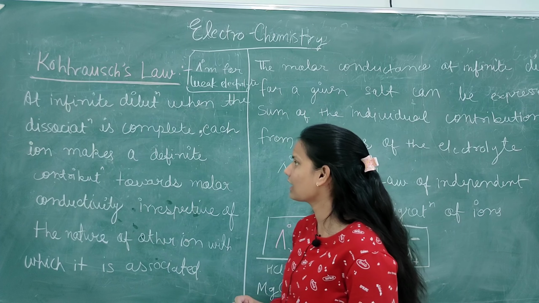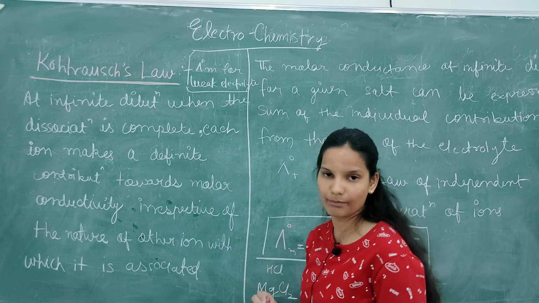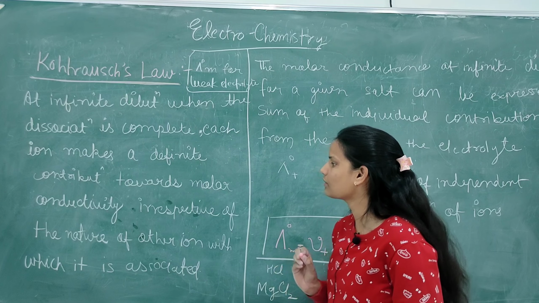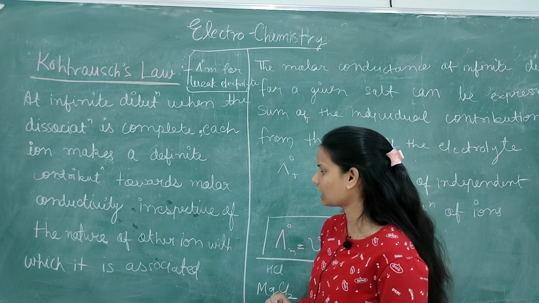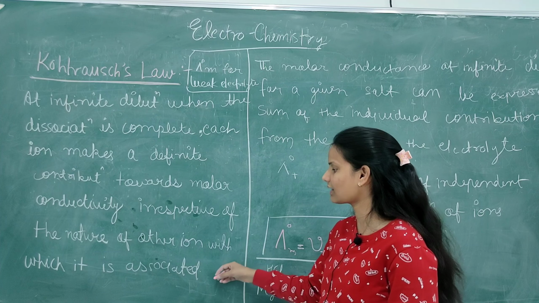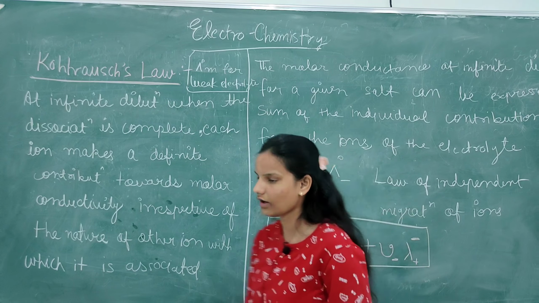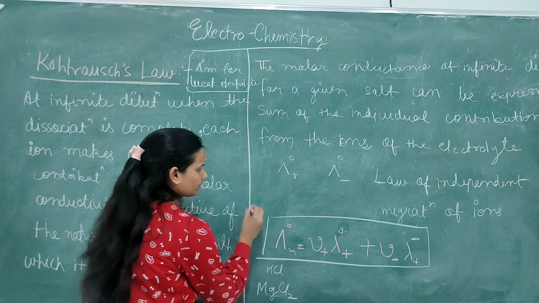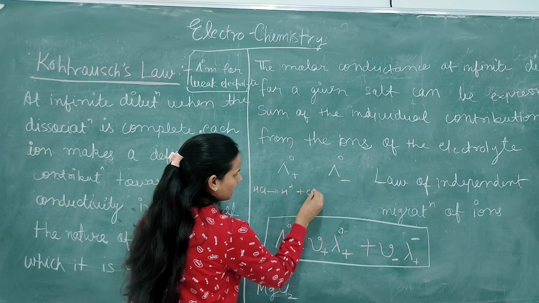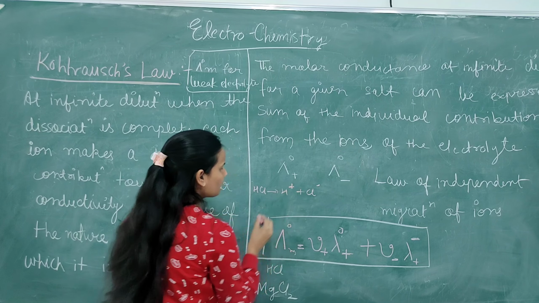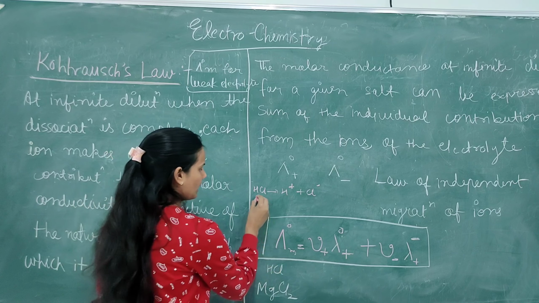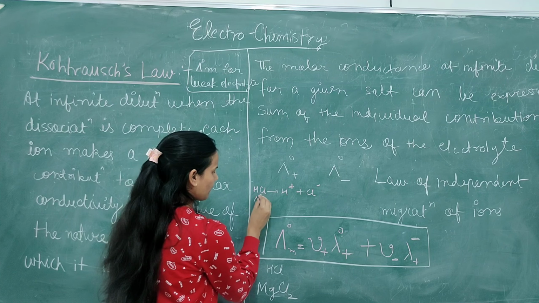So at infinite dilution, when the dissociation is complete, each ion makes a definite contribution towards the molar conductivity irrespective of the nature of the other ion with which it is associated. Like we can consider HCl, H positive plus Cl negative. When we reach infinite dilution, we get molar conductance at infinite dilution.